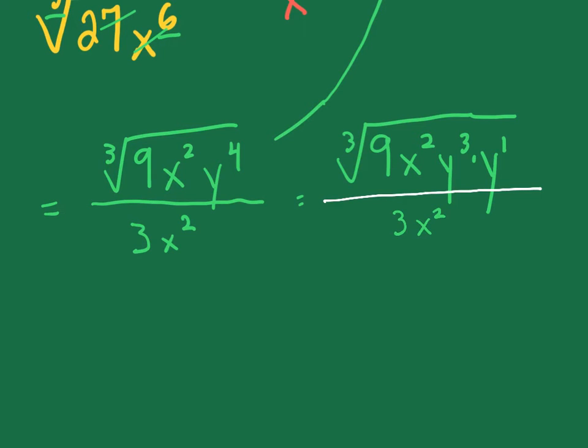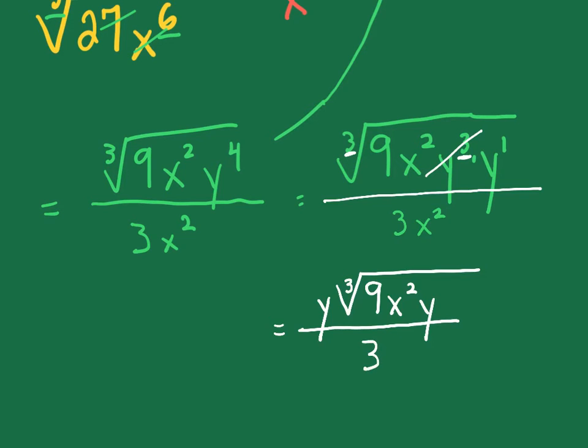So on the next step, the y to the third is going to come out. Remember, you're going to divide that exponent by the index. So we've got y to the first now on the outside, 3 divided by 3. And then on the inside, 9x to the second, and then that other y to the first that didn't come out. And then on bottom, 3x squared.